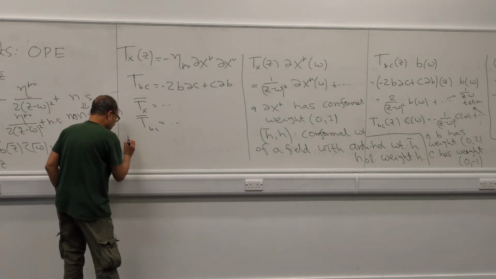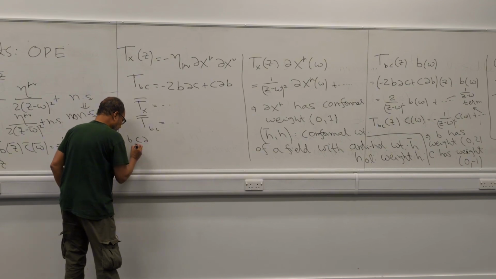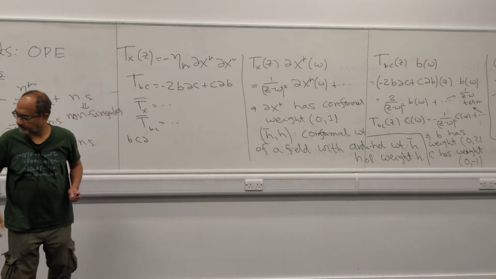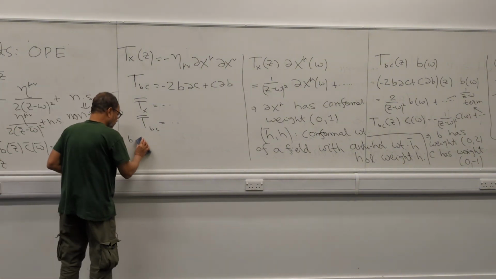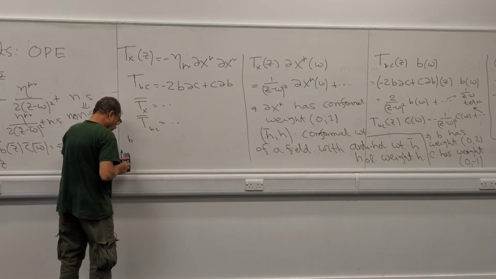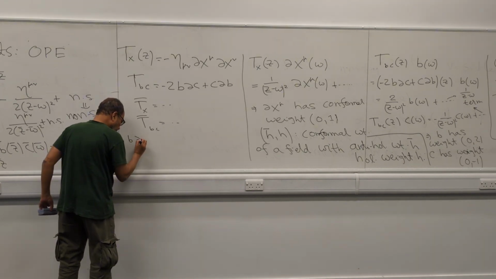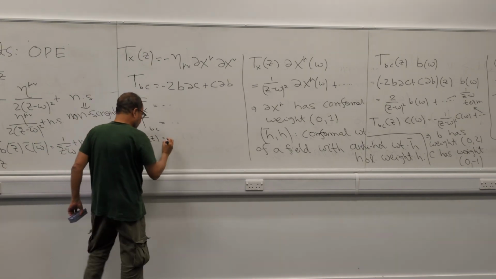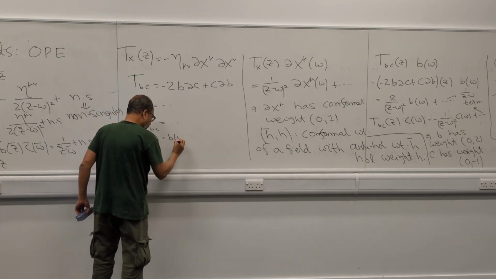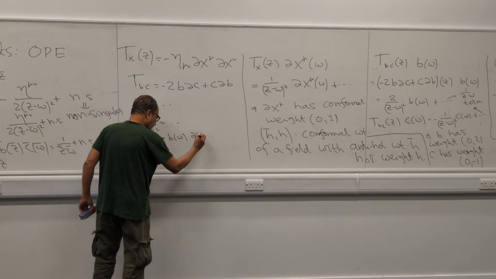So b del c, this will mean that it's b of w del c of z.